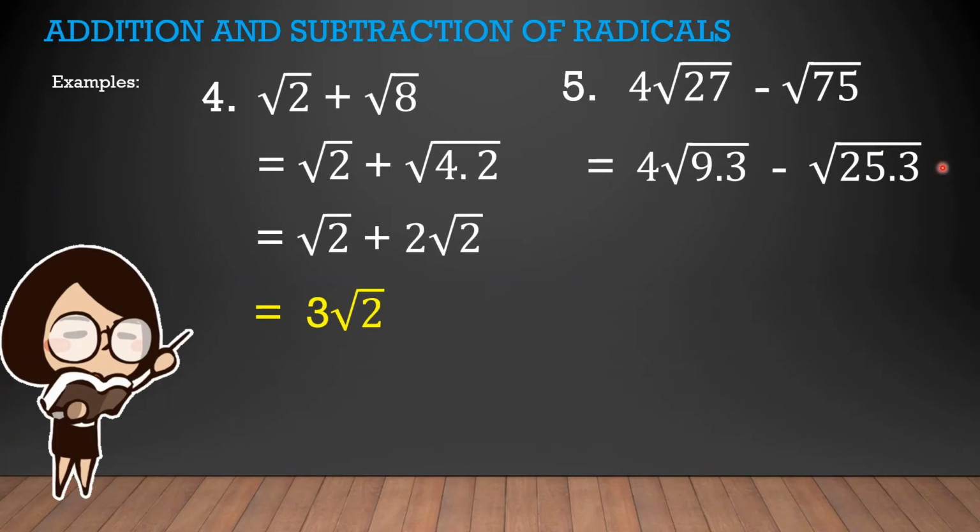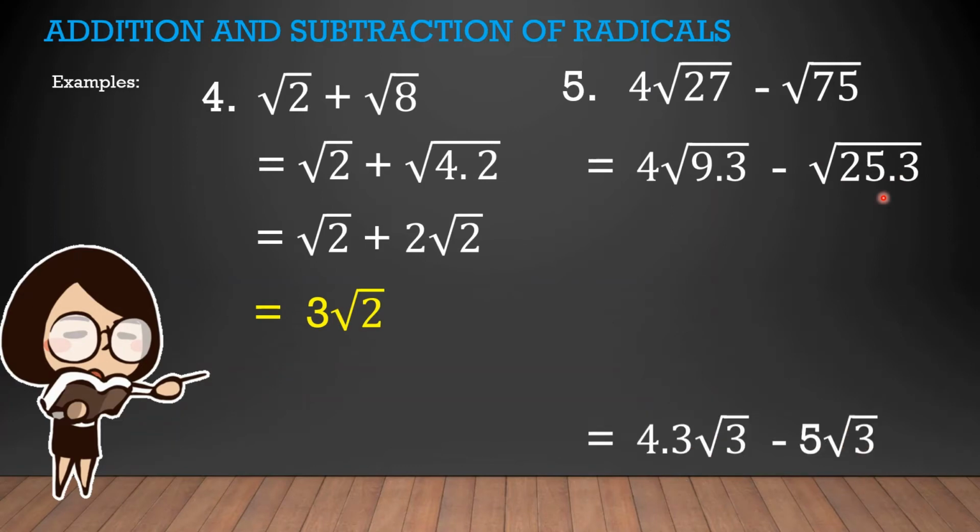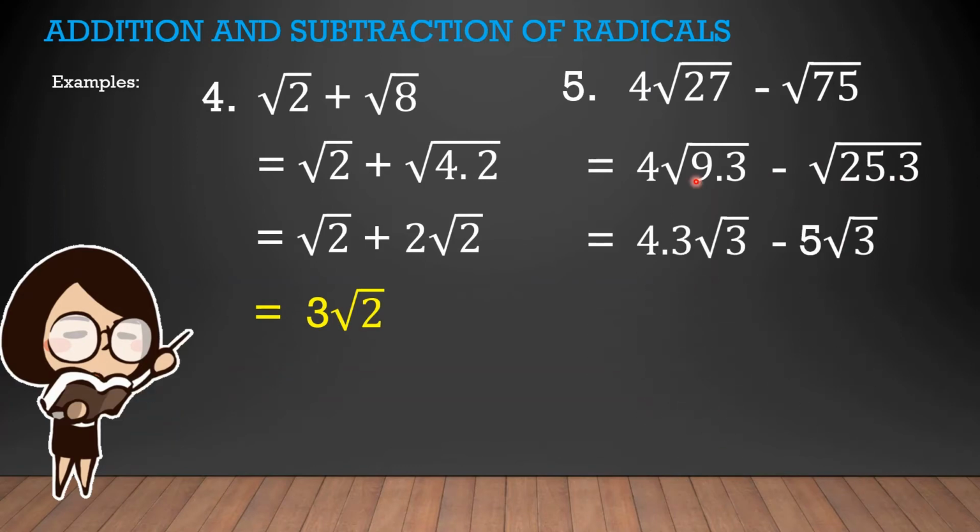The factors are 25 times 3. 25 is a perfect square also. So, we need to get the square root. So, 4 times 3 because square root of 9 is 3. So, we need to multiply 4 and 3. So, 4 times 3, square root of 3. Minus square root of 25 is 5. So, we have 5 square root of 3.